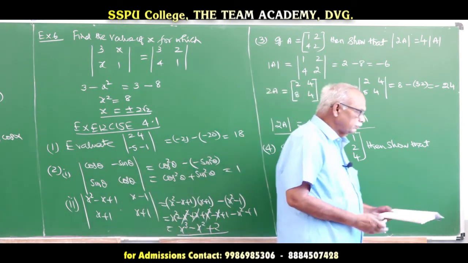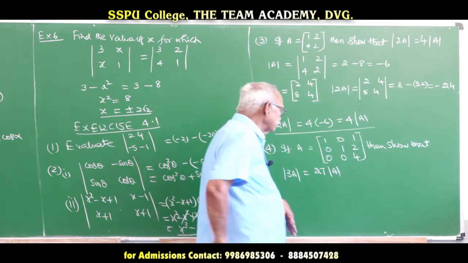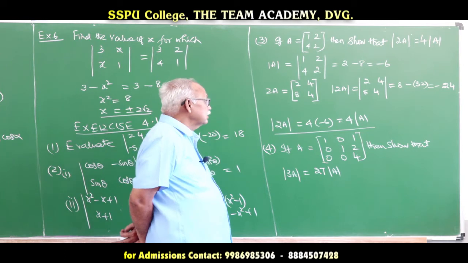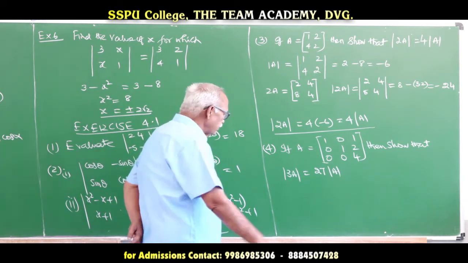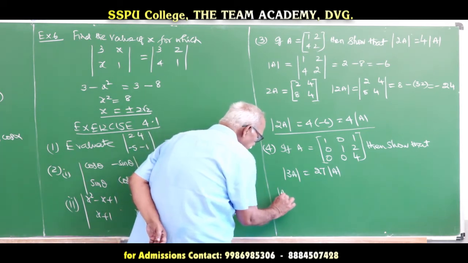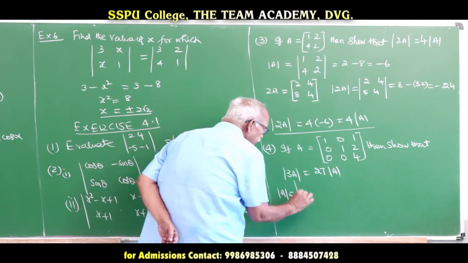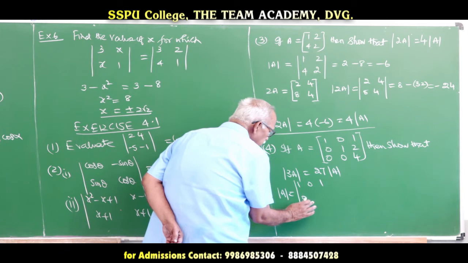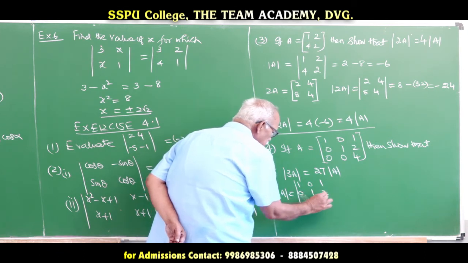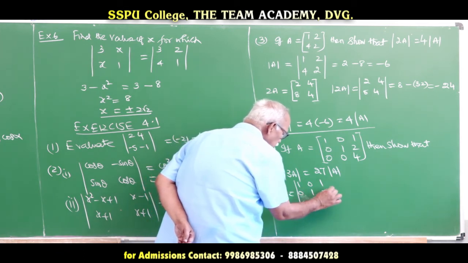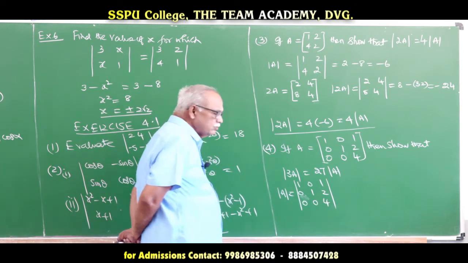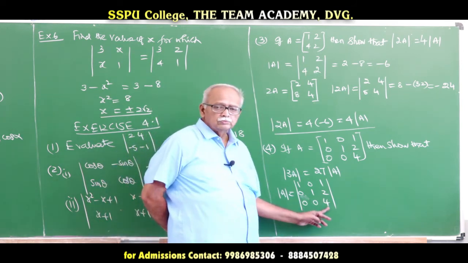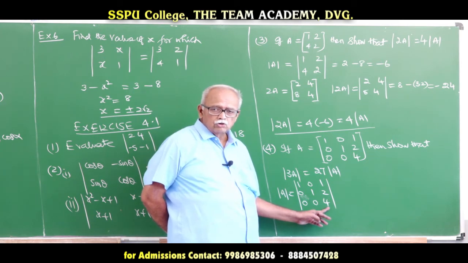So, this problem is similar to this third question, but it is a third order determinant. Now, let us take determinant of A. Determinant of A is 1, 0, 1, 0, 1, 2, 0, 0, 4. So, how to get the value of this determinant? Expand it through row 3.